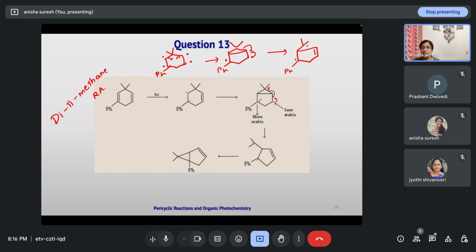Of these two radicals, this is the less stable radical, so this will react faster. When it is trying to recombine, this bond will be breaking, and a radical will be generated at this position and this position. So this radical will recombine with this radical, leading to formation of a double bond here. So this is a tertiary radical. That tertiary radical will react with this more stable phenyl radical, leading to formation of the cyclopropane ring. Clear?